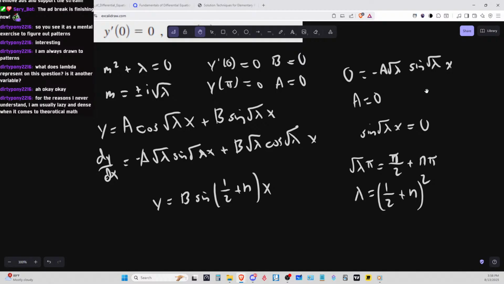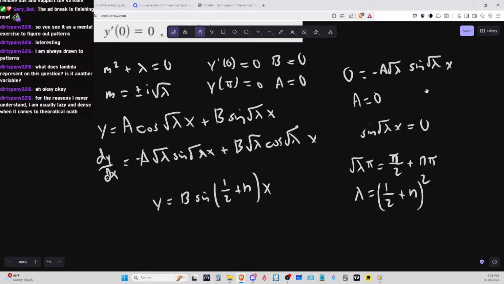For reasons I never understand, I'm usually lazy and dense when it comes to theoretical math. I'm the same way, because with proof-based math, it takes me a lot longer to solve things. One of our friends in the Twitch chat, Sascha, has taught me a little bit of real analysis, and whenever I try to do a mathematical proof question, it takes me more than 20 minutes to try to understand it, and sometimes I never understand it at all.